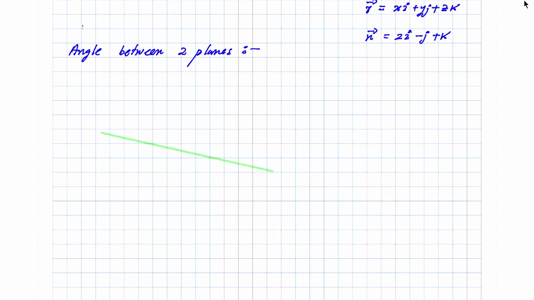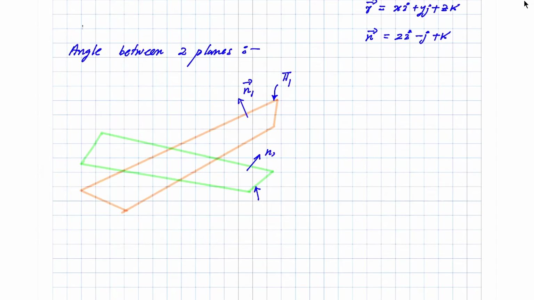You have one plane like this, and you have another plane like this. Then this plane has the normal vector, I would say n1, and this is going to be pi1. The normal vector to this one is n2, and this is going to be pi2.